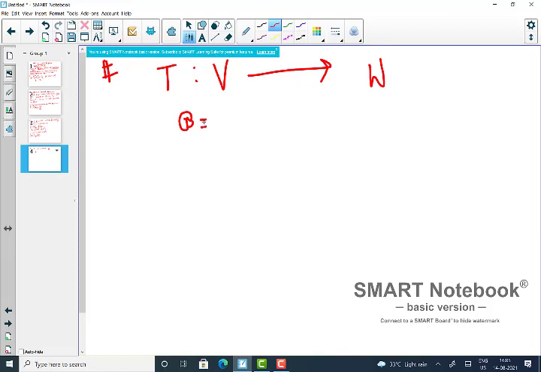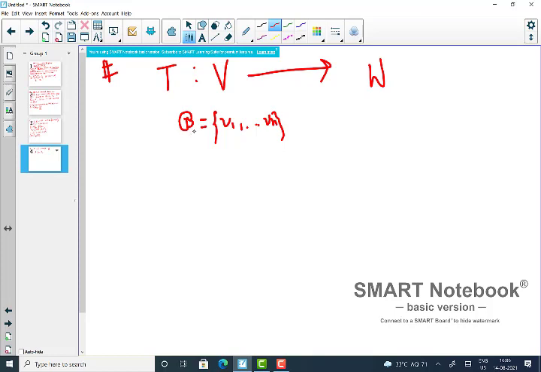V has dimension n, so its basis has n vectors, and W has dimension m.